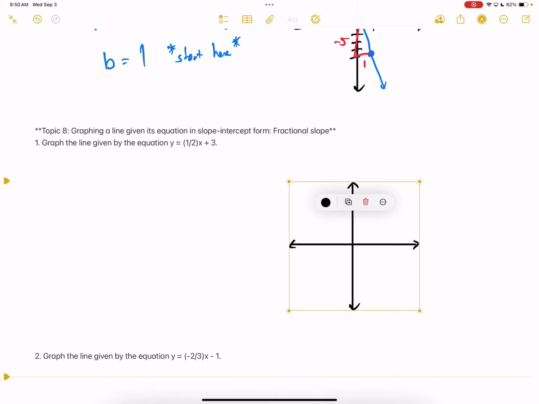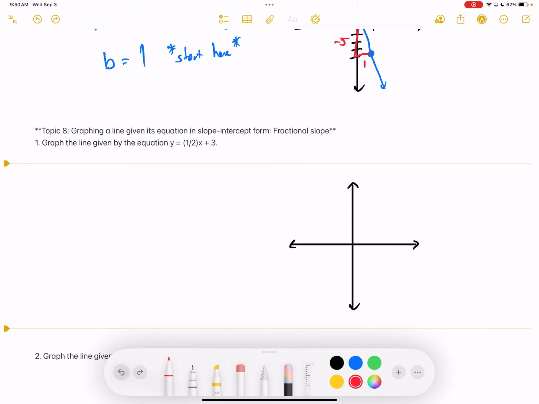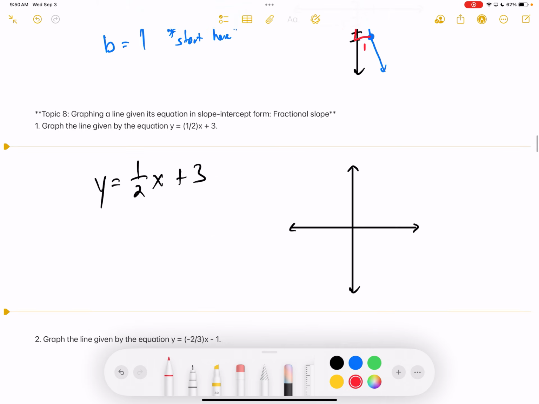All right, next one. We get into fraction slopes here. Why is it not changing colors? Y equals 1/2 x plus 3. So I get fraction slopes here, but nothing's going to change. My number in front of x is my slope. So that is 1/2. It is positive, so I'm going to go up 1 to the right 2.